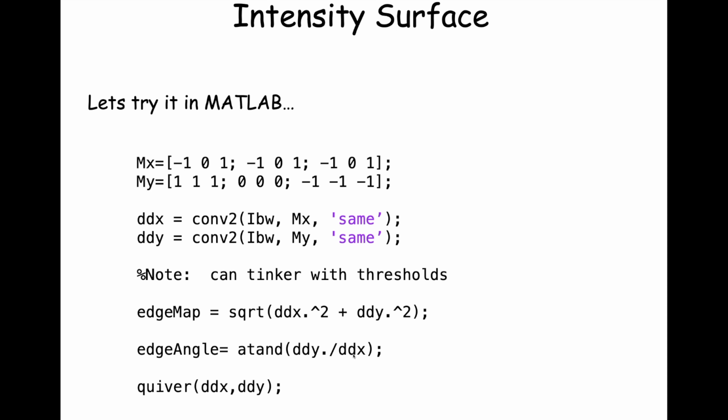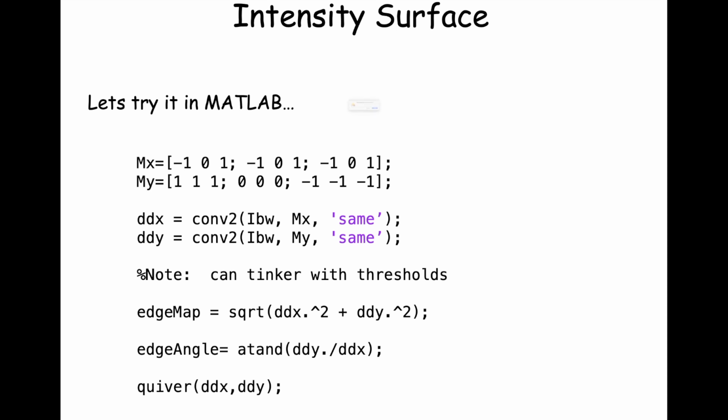So that's the y component over the x component. We take the arctan and we get our edge angles. Now quiver will take your gradient in x and y, and it will actually plot those vectors in two dimensions. So you can actually see little arrows representing your intensity surface.